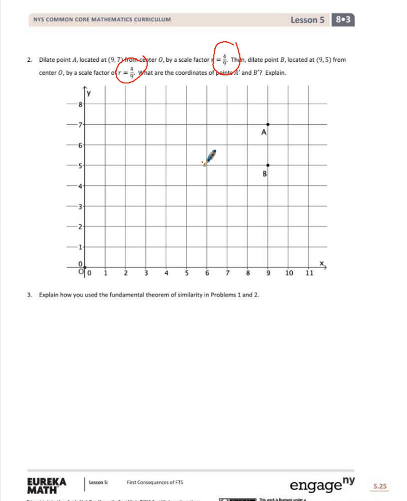So same thing, okay? So let's go ahead, and the ordered pair of the first one is 9, 7. So we know 4/9, it's getting smaller, so we know it's going to get closer to our 0. So we can take 9 times 4/9. And we can cross cancel, leaves us just a 4 as our x value.